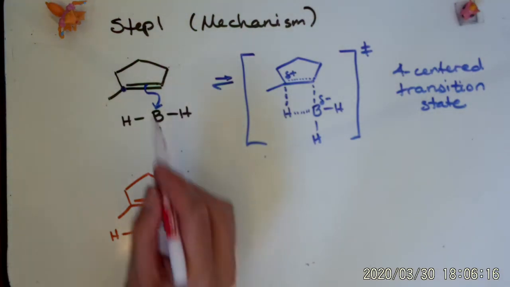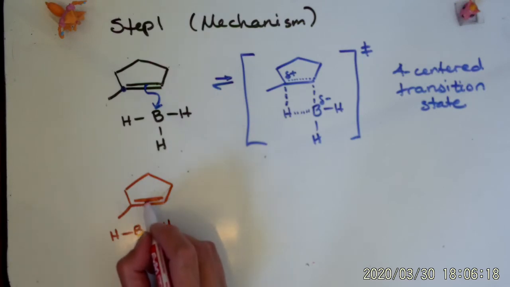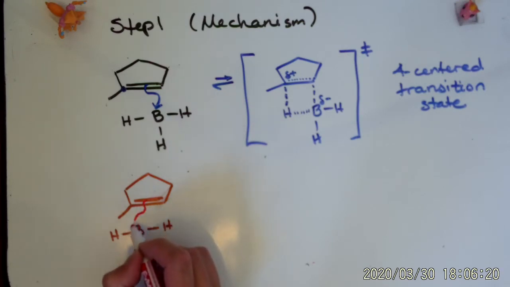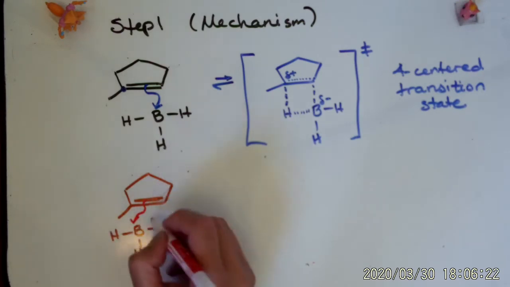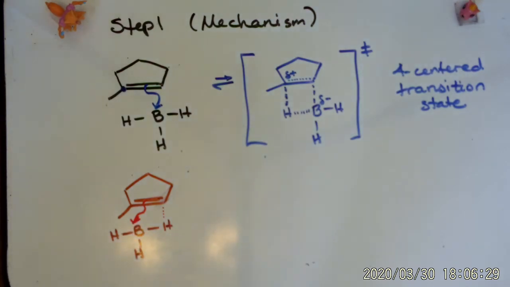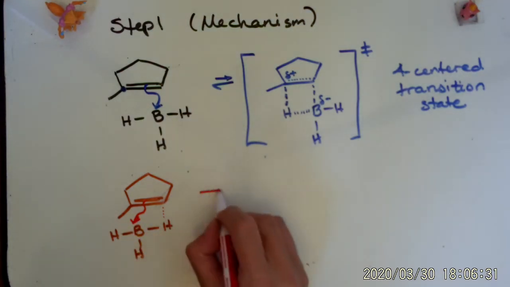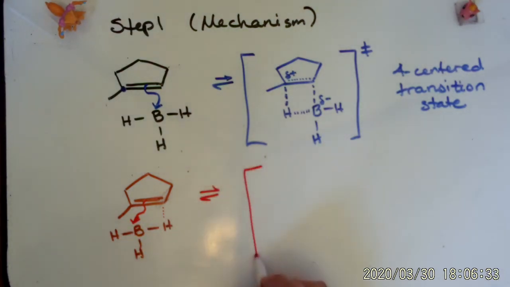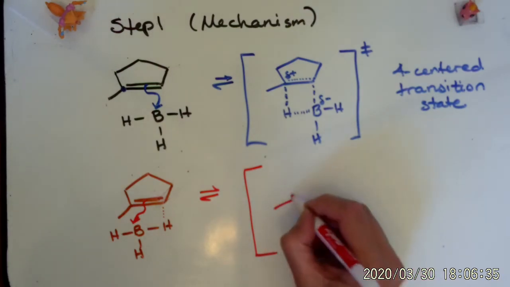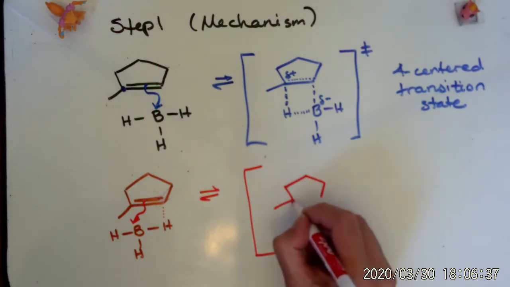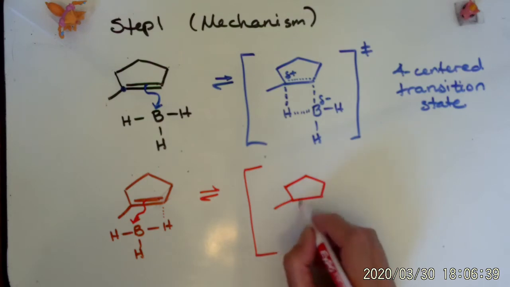Right here. So just as I did that, these electrons attack that boron, okay? And these electrons will come back and start forming a bond right here to that carbon, okay? So my transition state looks like this.